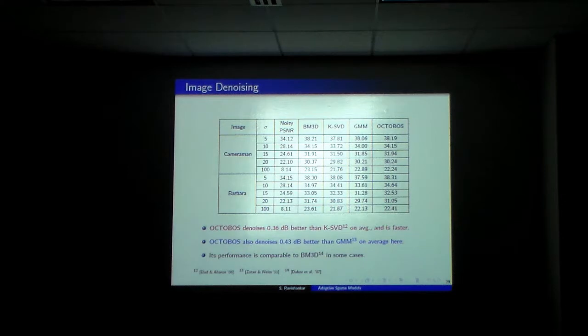And BM3D is not really a dictionary learning algorithm. It takes patches and finds similarities between the patches and then groups them together and applies some Wiener filter and DCT and so on, a bunch of different heuristics. But the performance is comparable in certain cases to BM3D, and I may not be able to get to this in this talk, but when the dimensionality of the problem increases, here the images are not very large, they are 512 by 512 images.